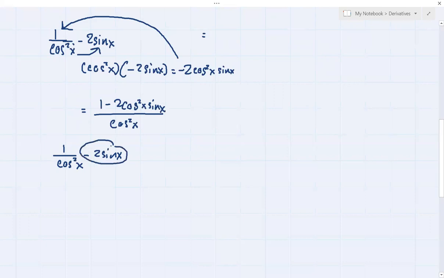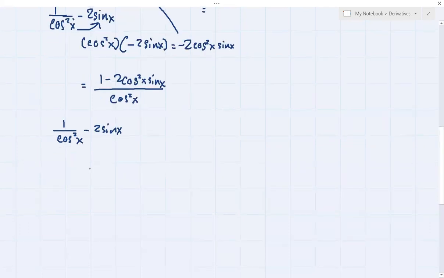However, itong si negative 2 sin x, whole term lang siya. Kumbaga, hindi siya naka-fraction. So, wala siyang denominator. So, how are we going to use butterfly technique for this case? It's simple. Anything na whole term, meron silang denominator na 1. Kunwari, si x. Si x, it could be equal to x all over 1.